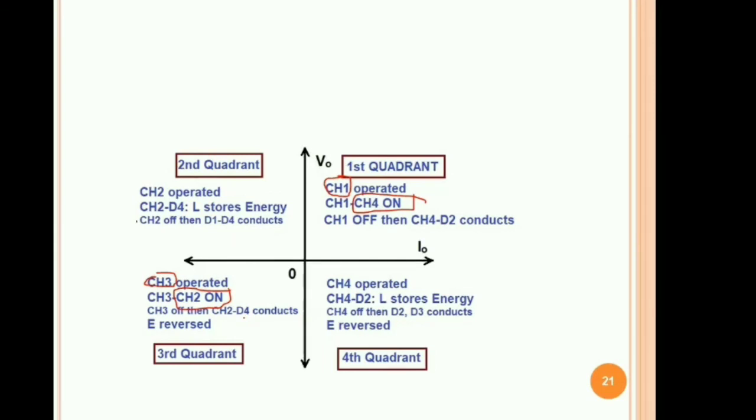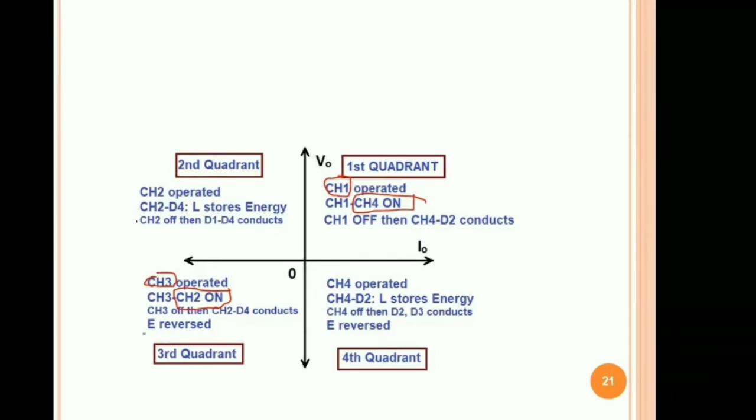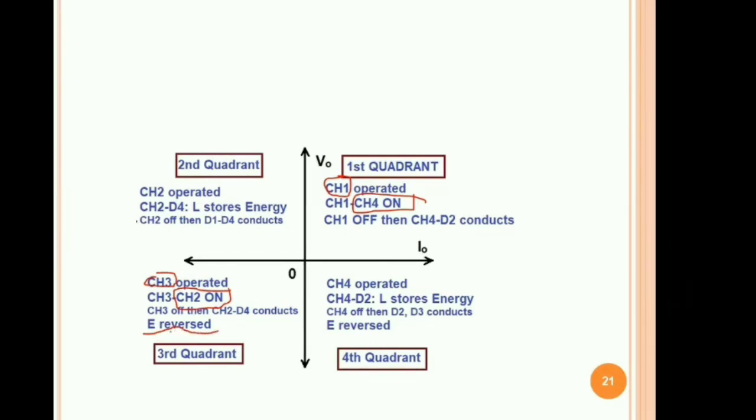Again here, one thing we need to do is reverse E, that is, the back EMF. Coming to the second quadrant, chopper 2 is operated, and chopper 2 and D4 are in conduction.